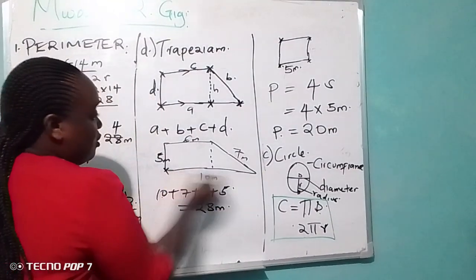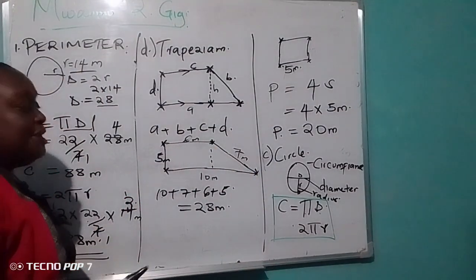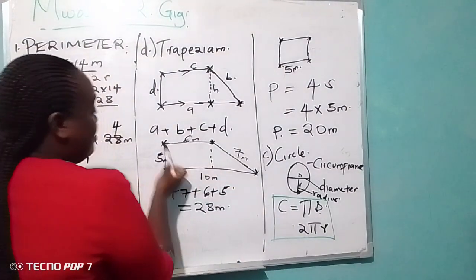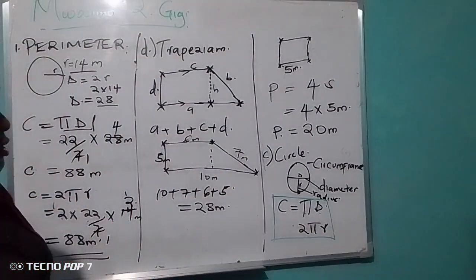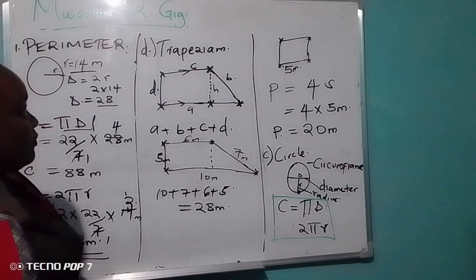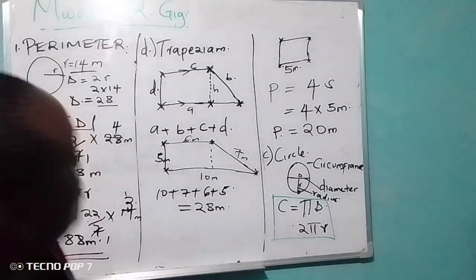So distance all round, you just add: 10 plus 7 plus 6 plus 5 meters. Sawa sawa. So itakuwa 28 meters. That is a trapezium. So we go to the next.